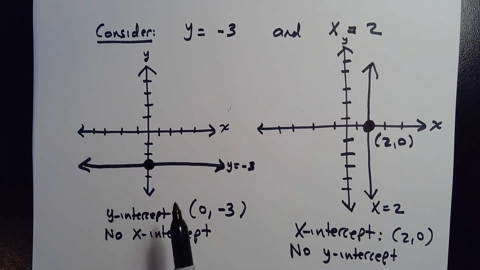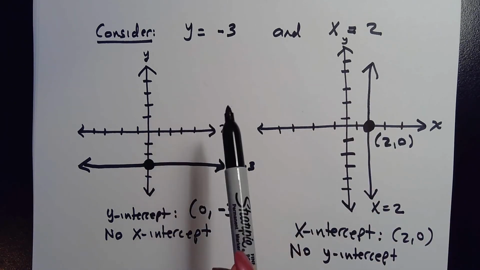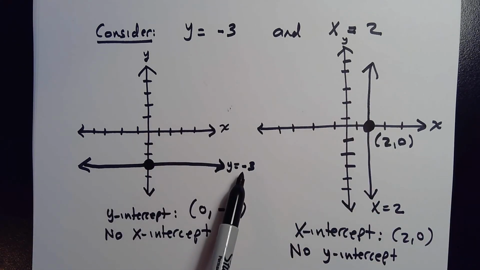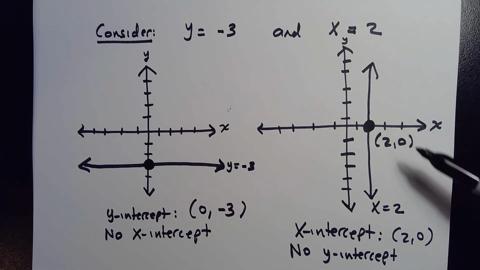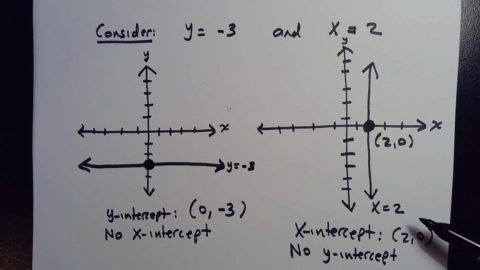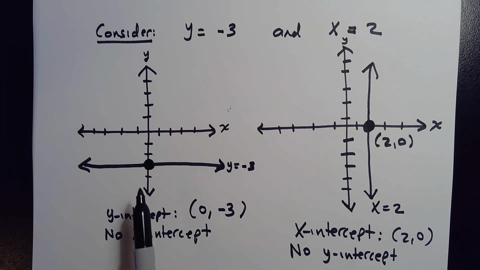So consider the lines y equals -3 and x equals 2. The graph of y equals -3 is a horizontal line at y equals -3. The graph of x equals 2 is a vertical line at x equals 2. Y equals -3 does have a y-intercept because the graph crosses the y-axis at 0 comma -3, right here.